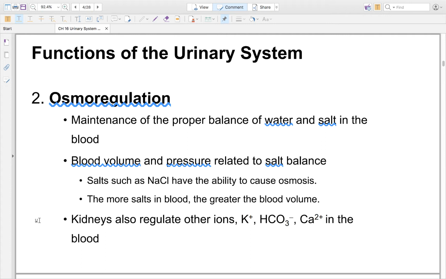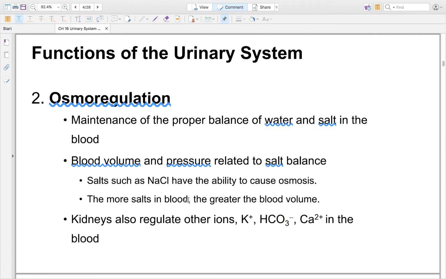All right, because if you guys remember from osmoregulation in earlier chapters, remember salts have the direct ability to, because they are a solute, they can cause osmosis. So we have to have a perfect isotonic environment in our human body. We cannot have hyper or hypo. And then again, the urinary system's involved in that.